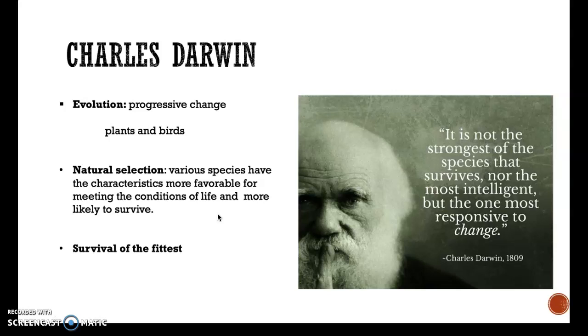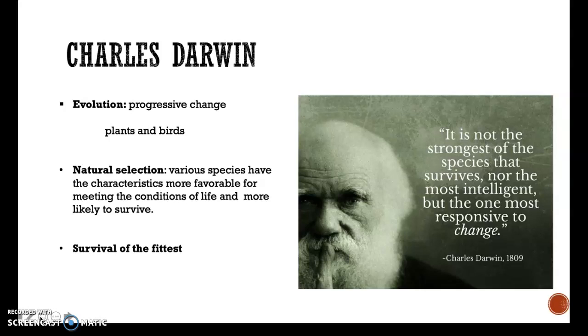Charles Darwin, I hope some of you have heard about him. You probably did if you're taking sociology, anthropology, natural science. All of these classes probably will talk about him. Charles Darwin came up with the theory of evolution, though he was not the first one to come up with this theory.